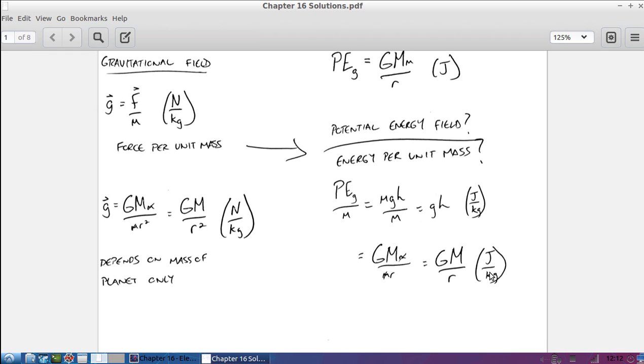So this is also joules per kilogram, but notice it's not dependent upon the other planet, or the moon, the satellite that I took out of the system. So even though the moon is not there, there's still a potential energy field. What would the potential energy of the system be if I put the moon back there?